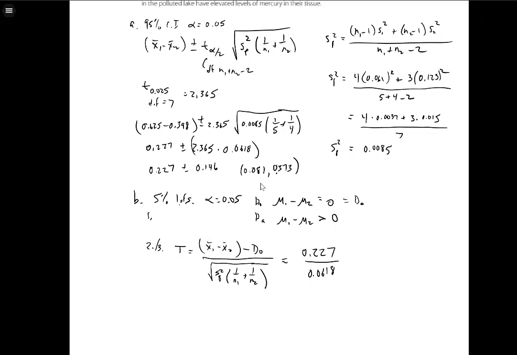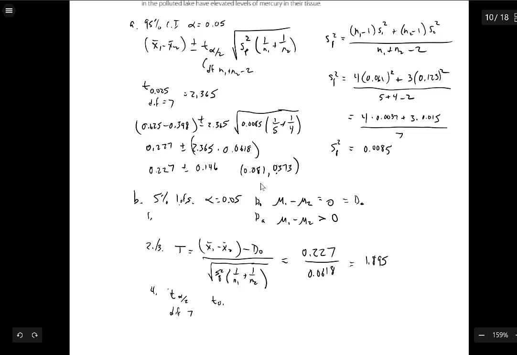We need to look at determining what the rejection range or that value is. So for this, we want to look at our t at alpha over 2 with degrees of freedom. In this case, that we calculated, n1 plus n2 minus 2, this can be 7. So this is our t of 0.025.